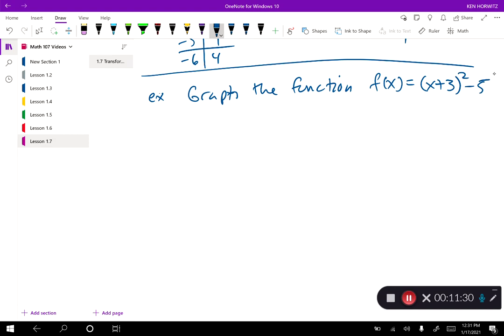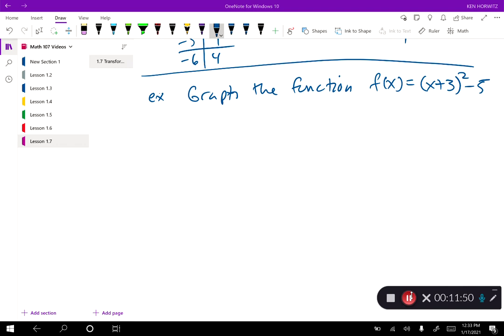So why don't you do me a favor? Let's pause the video. Think about how you would graph this. You could always use a table of values, but give a try to not using a table of values. Use the concepts that we just went over and see how your graph goes. We'll talk about an answer on the back end.